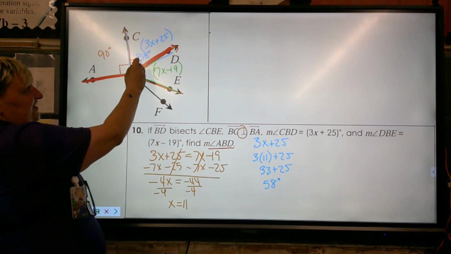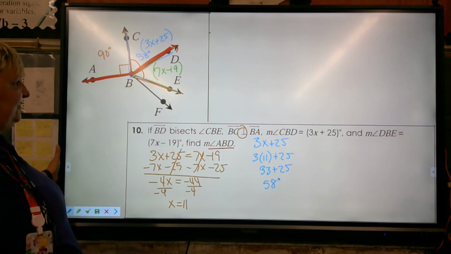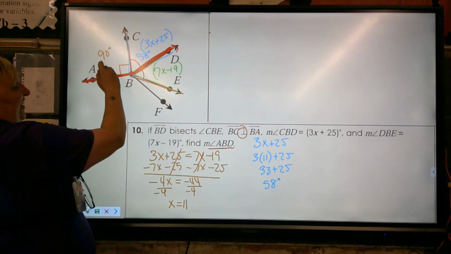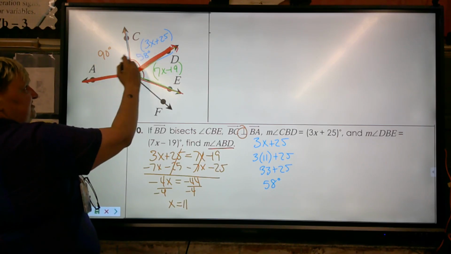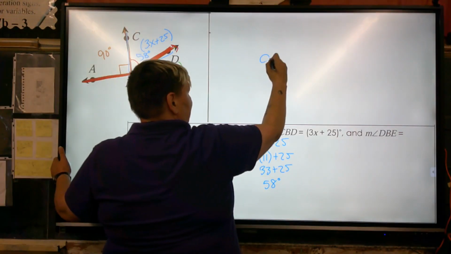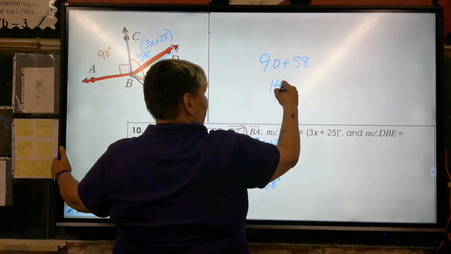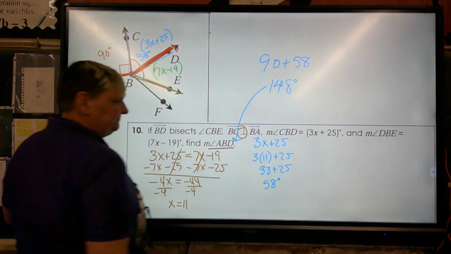So if this is 58 degrees, this has to be 58 degrees. But it's okay because they're not asking us that. They're asking us for ABD, which is 90 and 58. 90 and 58 is 148 degrees. That's your answer.